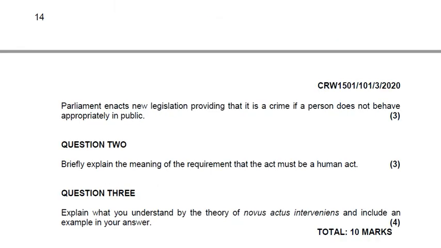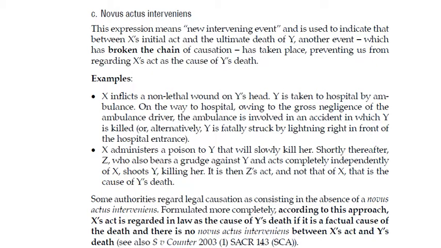The third question: Explain what you understand by the theory of novus actus interveniens and include an example in your answer. Okay, let us visit our study guide. Page 36 of our study guide says novus actus interveniens.